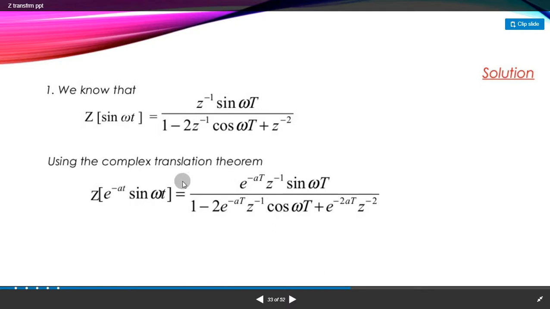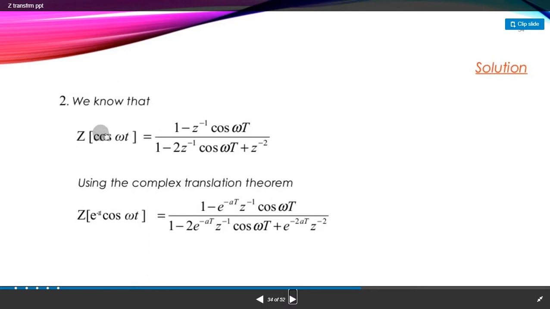Using the complex translation theorem, the z transform of e to the power minus at sin omega t can be rewritten as e to the power minus aT z to the power minus 1 sin omega T by 1 minus 2 e to the power minus aT z to the power minus 1 cos omega T plus e to the power minus 2aT into z to the power minus 2.